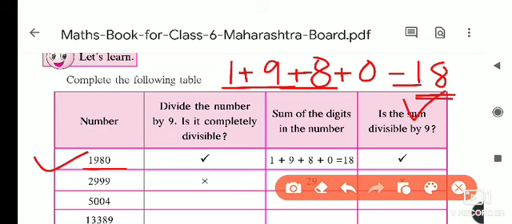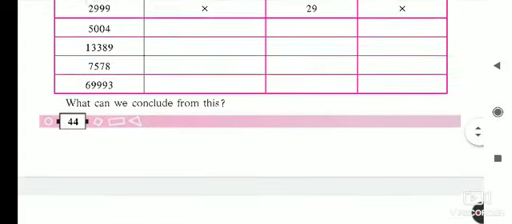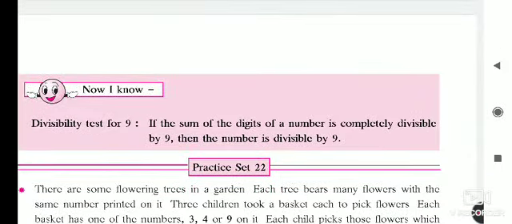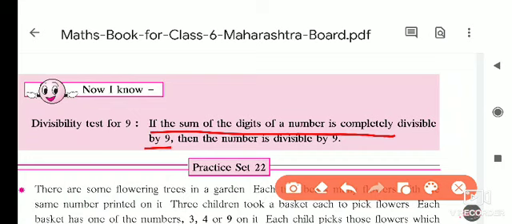So the given number is divisible by 9. The test is that if the sum of the digits of a number is completely divisible by 9, then the number is divisible by 9.